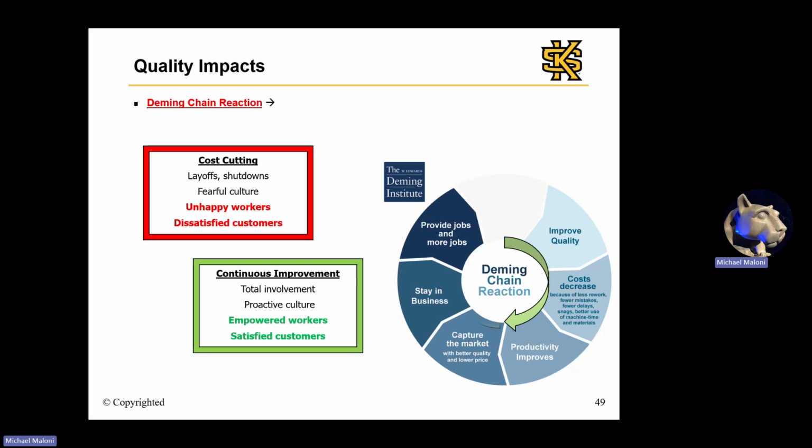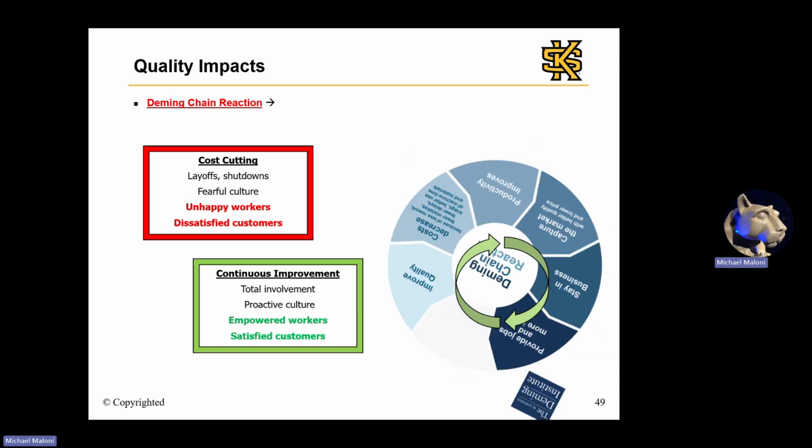And then the organization is able to capture more customers, more market share, and then not only stay in business, but also grow the business. And as the organization grows, existing jobs get more responsibility and higher salaries, and new jobs are also created. And this environment fuels further improvements in quality, restarting the chain reaction.